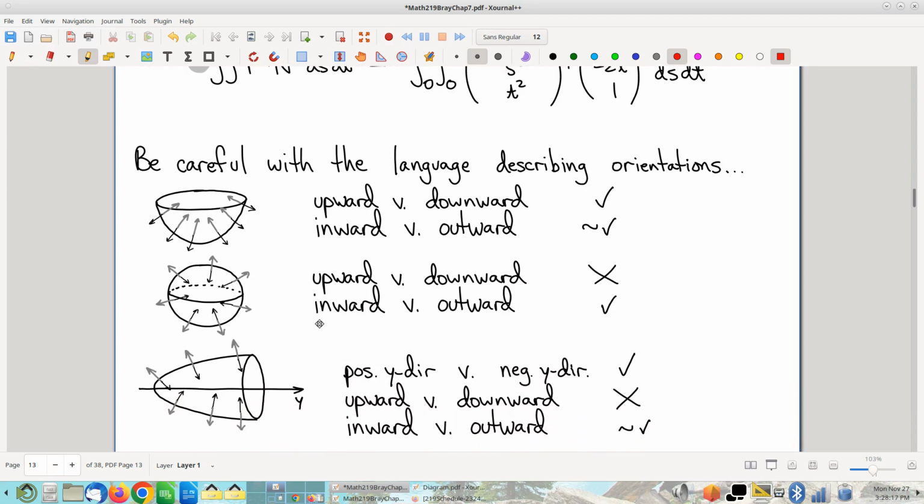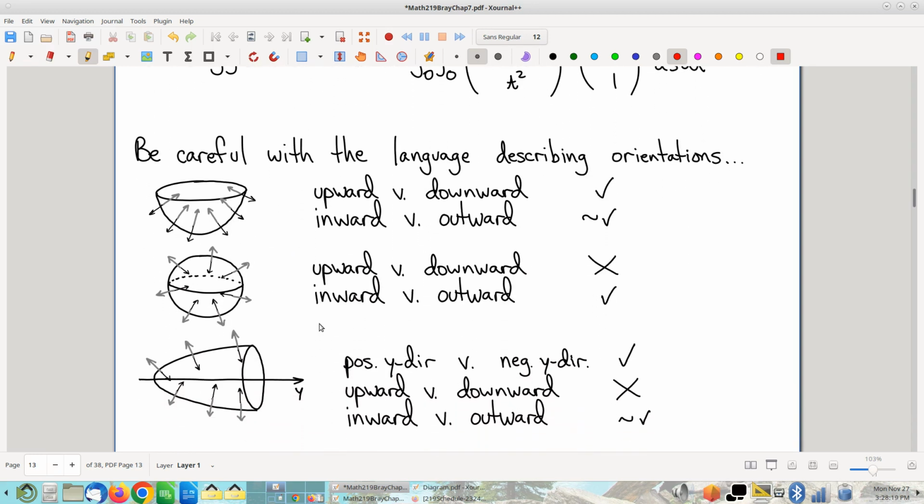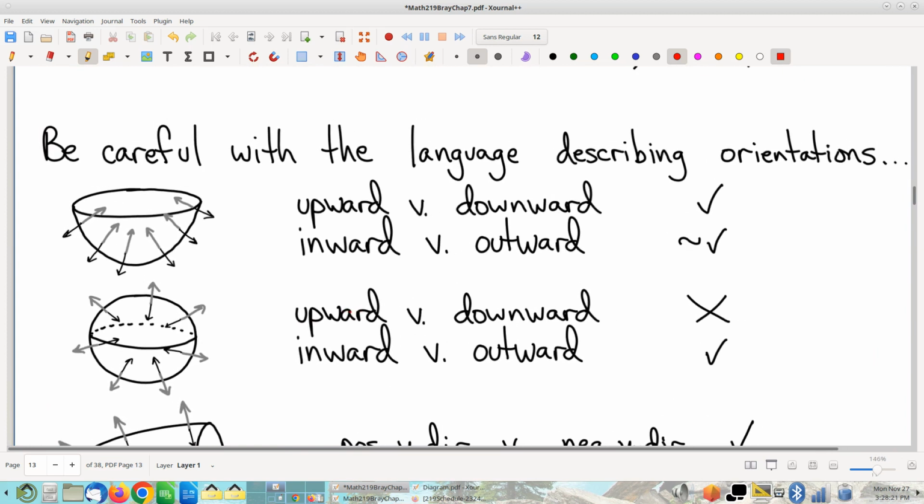There is a problem of language as to how to talk about these kinds of things. For example, if I look at this surface right here, this kind of bowl-like surface, there are two orientations that I could pick. I can talk about this orientation here.